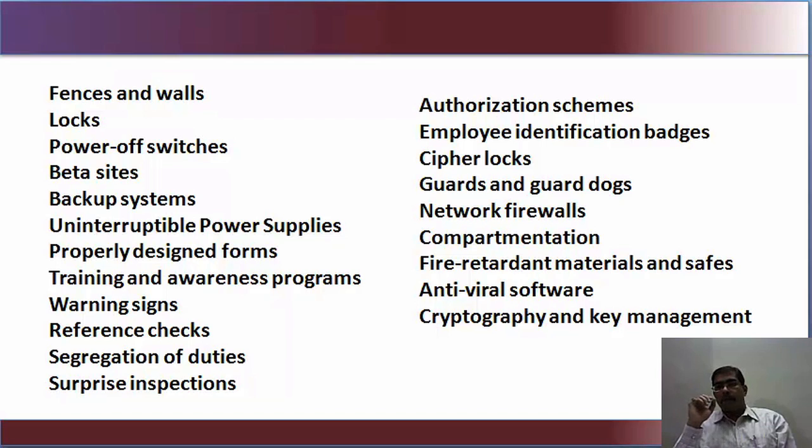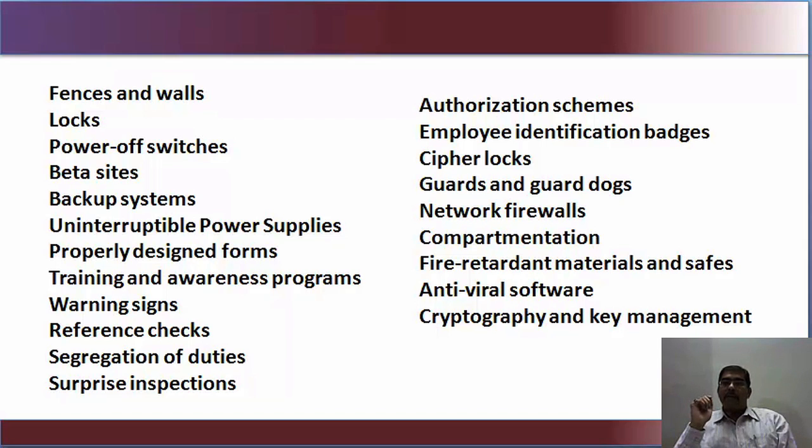Similarly, you see environmental controls: whether an FM200 fire extinguisher is in place, whether there are proper exit signs for immediate evacuation of personnel, whether smoke detectors are present, whether the fire extinguishers themselves have a validity period written on them and whether they are tested properly. Then whether water detectors are installed below the data center flooring.